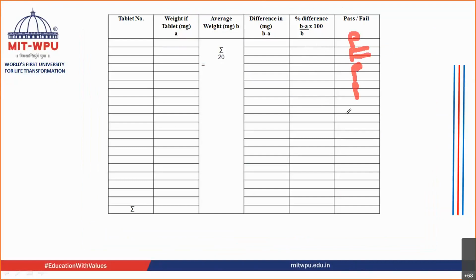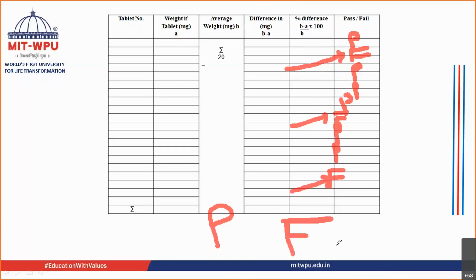Pass, pass, pass. For all these 20 tablets I am going to do this. Pass, pass. So only 2 tablets are failing, so I will say that the weight variation test has passed. If there was a 3rd tablet which has also failed, then I will say that the total weight variation test has failed.